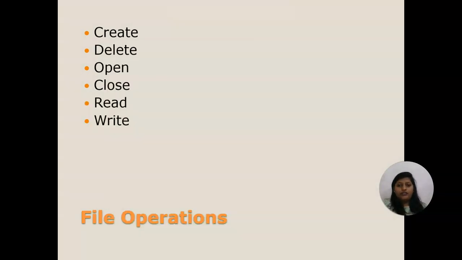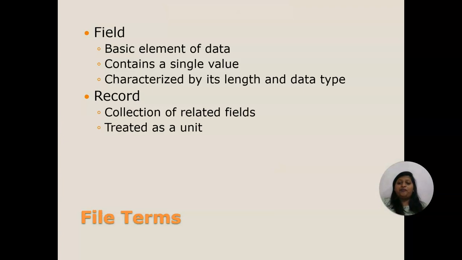Then file operations: at first create, then delete, open, close, read, write. These are the various file operations which are available for operating a file. We can maintain data in the file by using these operations.